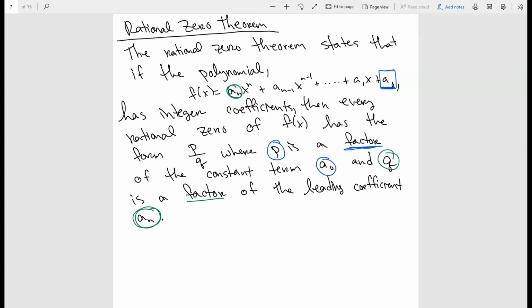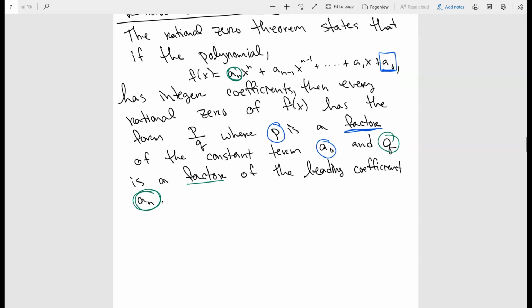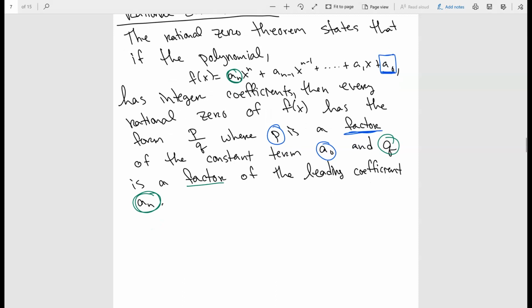Basically, if I know nothing about this polynomial, I don't know any zeros, because what we've been doing in the previous problems has been, well, I know at least one zero. If I don't know any zero, then I can find a potential zero by taking all of the factors of a zero, which we're going to call p, and dividing them by all of the factors of a sub n, which is going to be q.